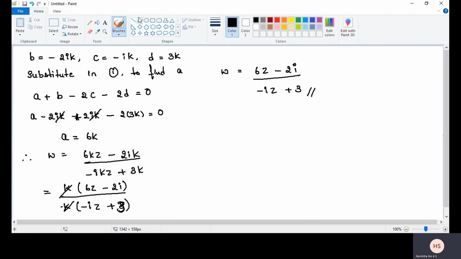In the same question, we have to find the invariant points of the transformation.